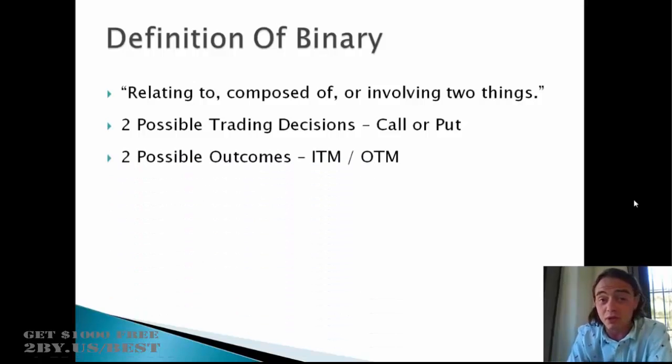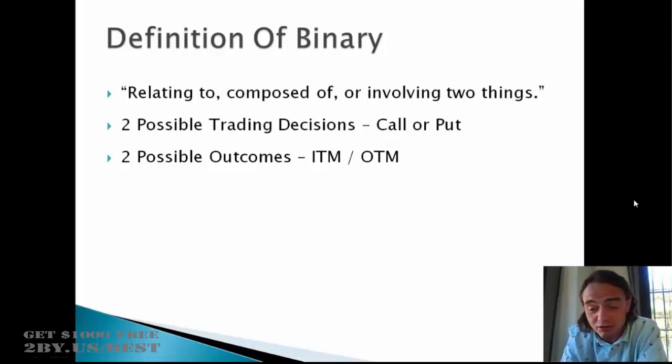Now, there are two possible outcomes also. One of them is in the money and one of them is out of the money, and they are commonly abbreviated across the board. You may have seen this a lot: ITM and OTM. In the money, out of the money. In certain circumstances, the result is evens.